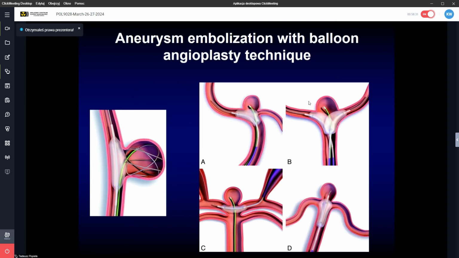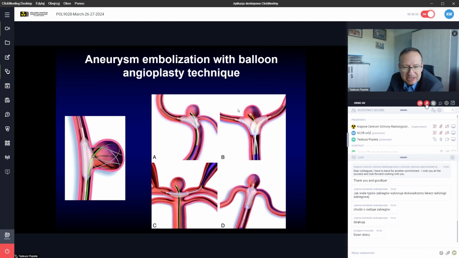The problem starts if the neck, the junction point, is not very narrow, because then there is always the risk that the coil, which is already implanted in the aneurysm sac, can migrate to the parental vessel. So how do we avoid it or decrease the risk? We have more than two possibilities, but there is not enough time to talk about it. The most common is the technique we call balloon angioplasty technique.